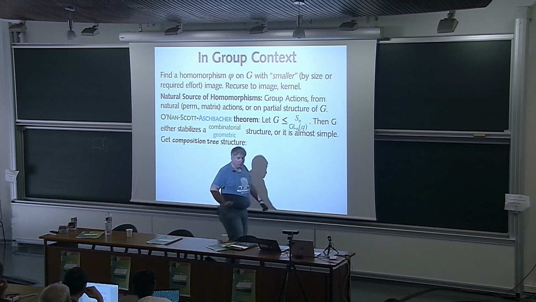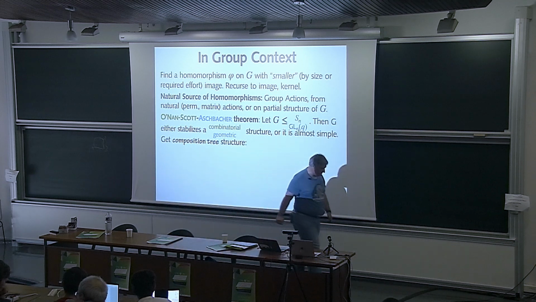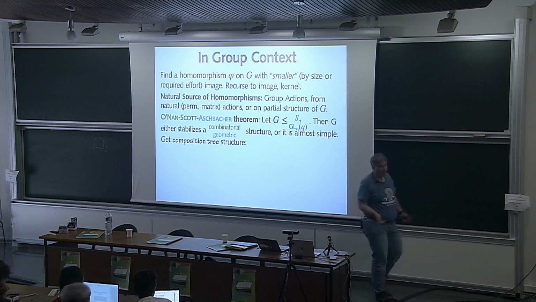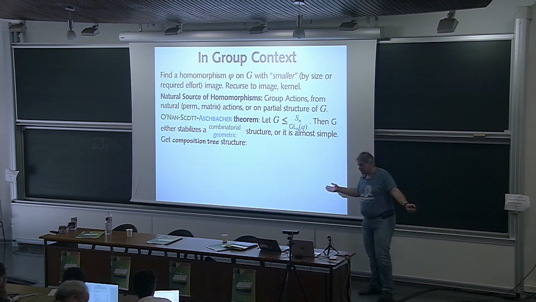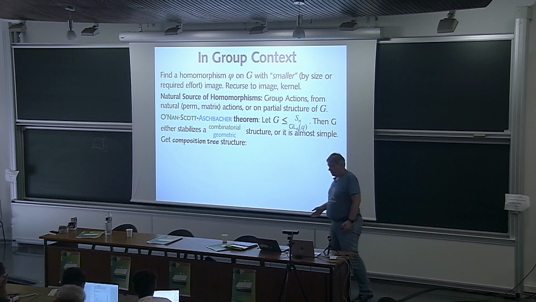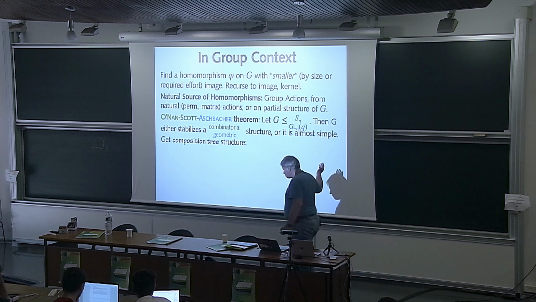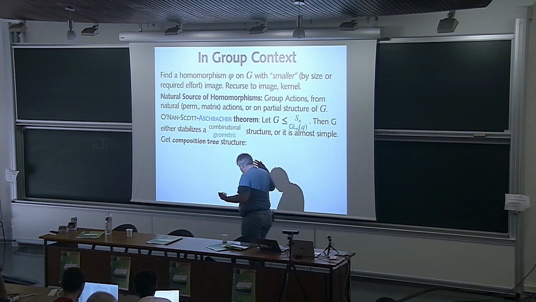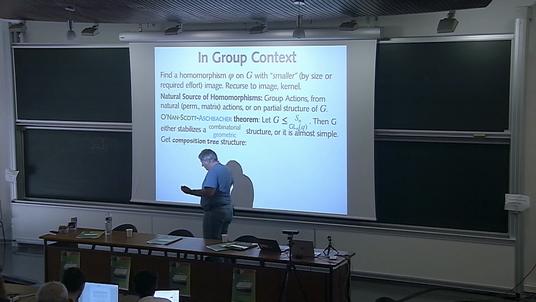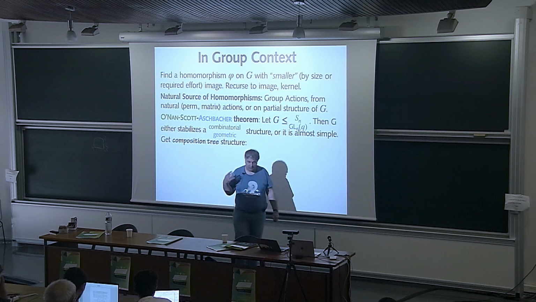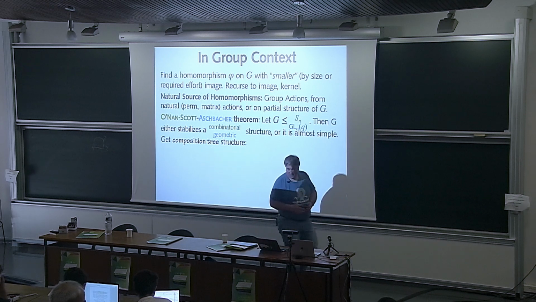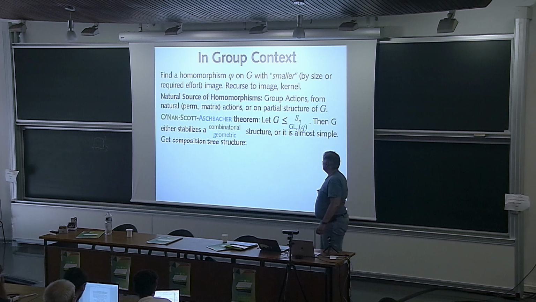So how do we find such homomorphisms? Well, we find homomorphisms through group actions, acting on something. It might be the natural action, the permutation action of permutation groups, the matrix action of matrix groups, or it might be an action on parts of the group structure.